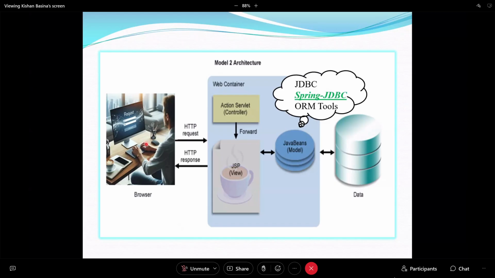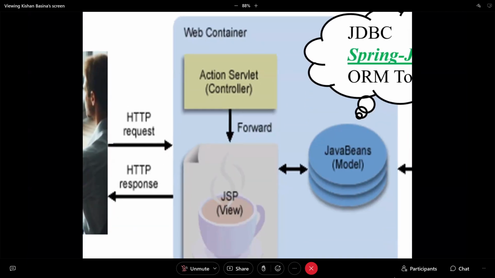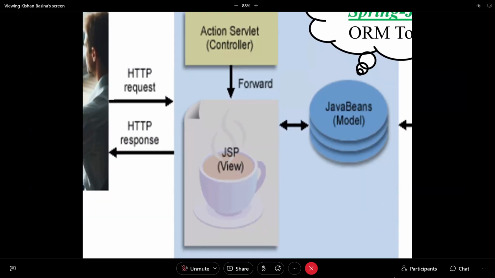A client will be sending a request, and of course you will be getting the response. Whatever request is sent by the client will be handled by the controller, nothing but the servlet. Servlet will send the response to the JSP.